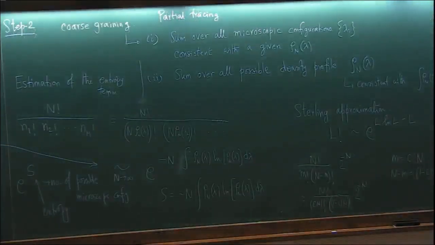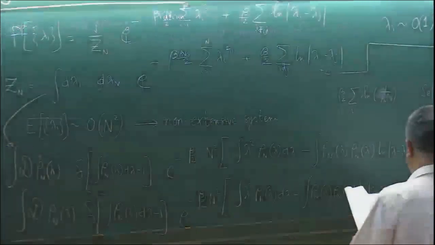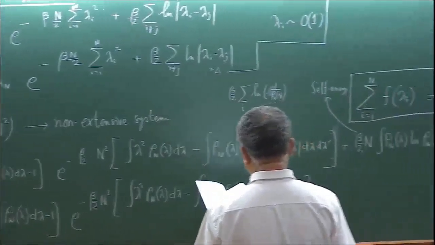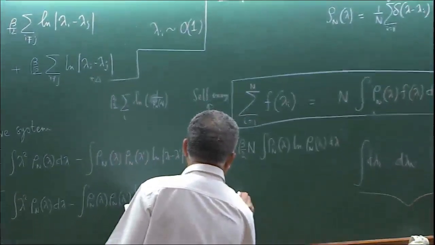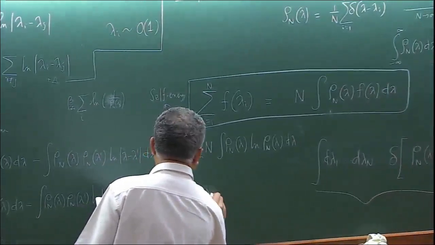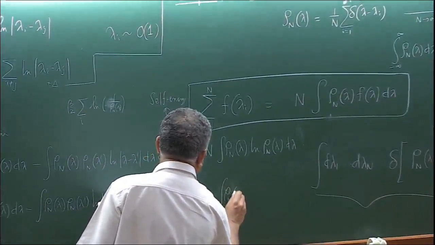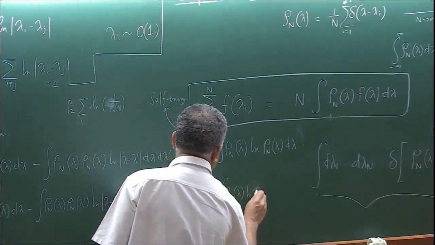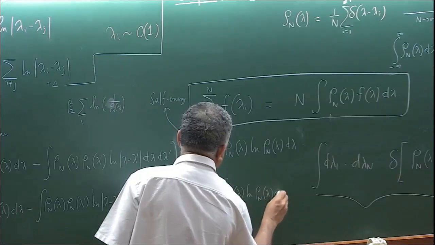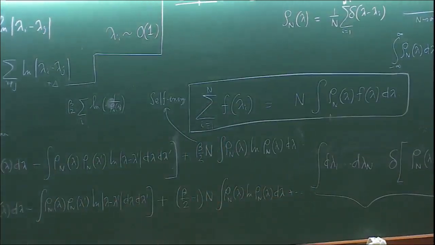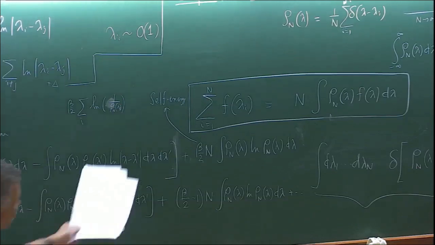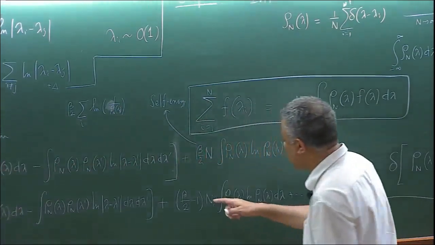So what you get, the next order correction term, is actually... then there will be other, lower order correction terms because we are coarse graining, and so on. But you see the self-energy and the entropy, they are both of the same order, they're of order n.